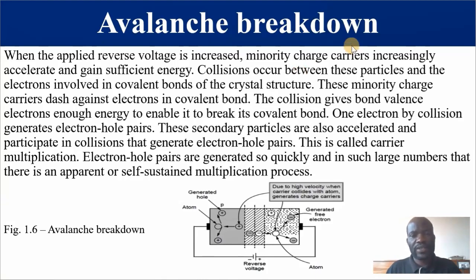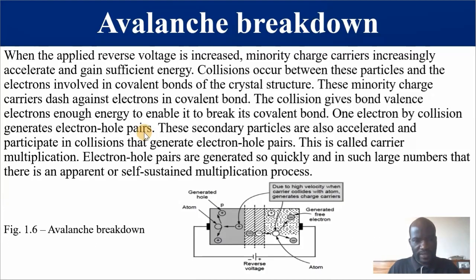Please take note that it is the collisions of the minority charge carriers against covalent bonds of the crystal structure of silicon or germanium. When that collision occurs, we are going to have some electrons breaking away from their parent atoms, and this is going to create electron hole pairs as shown.